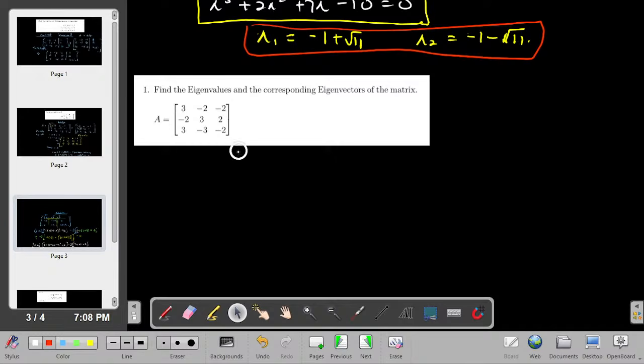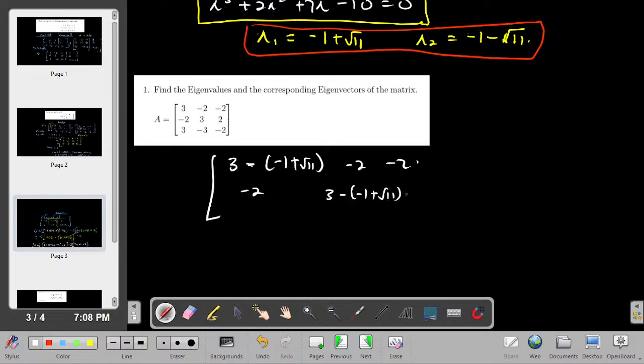To find my first eigenvector, I'll have 3 minus, my first one is what? Minus 1 plus root 11, right? Negative 2, negative 2. I'll have negative 2, 3 minus negative 1 plus root 11. And I'll have 2. And I'll have 3 minus 3, negative 2 minus negative 1 plus root 11.